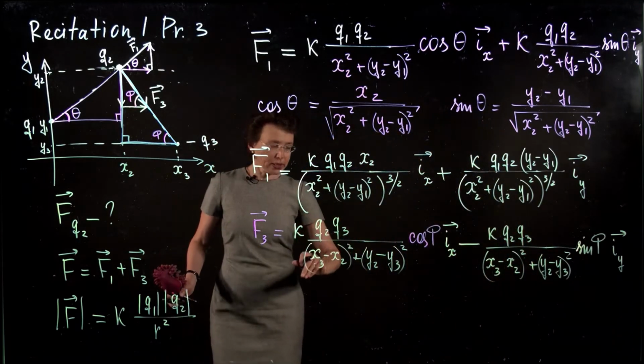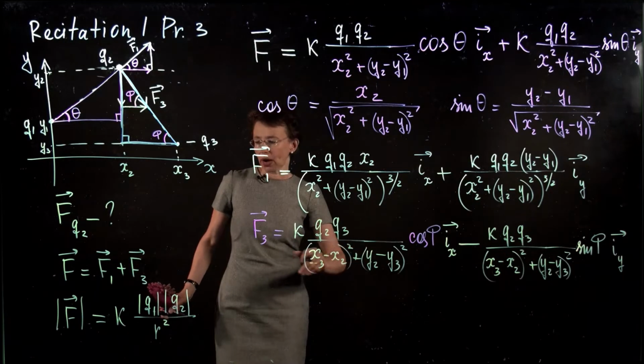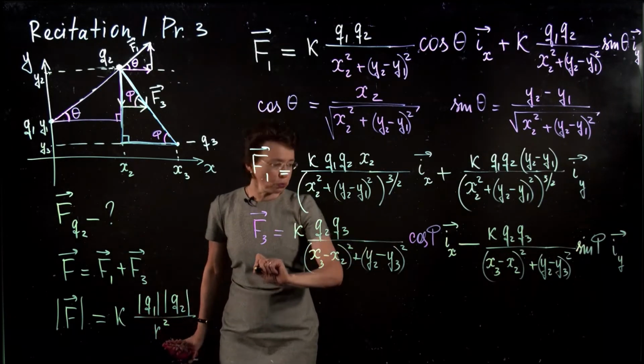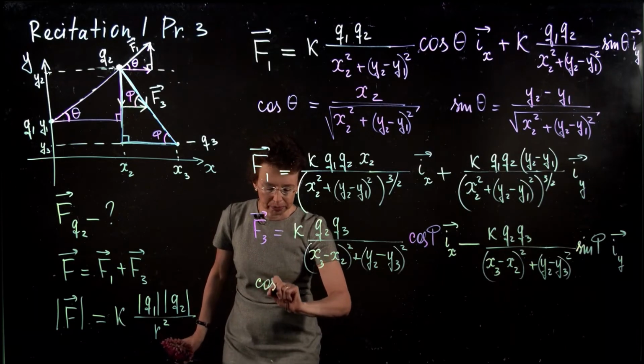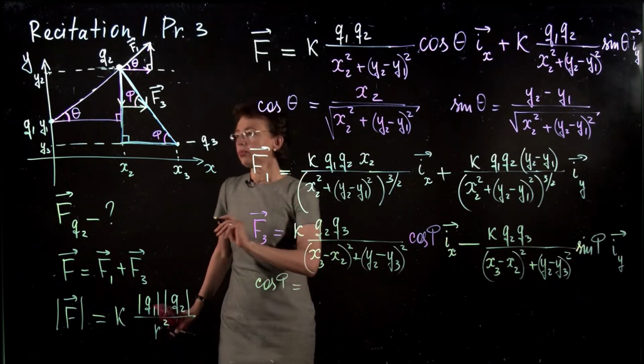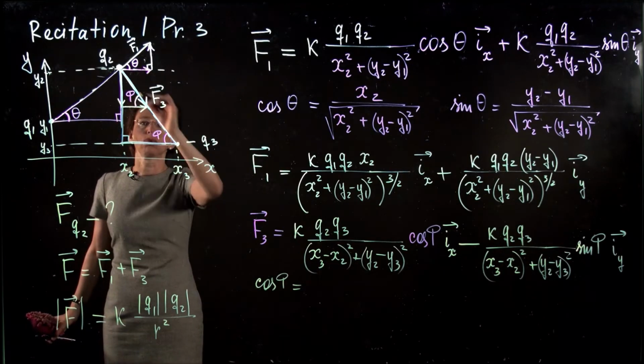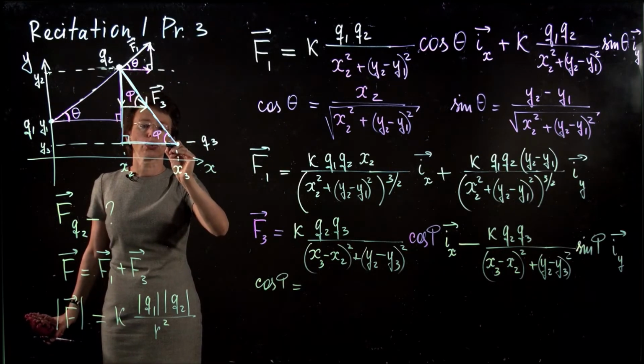So what is cosine phi and what is sine phi? We need to express sine phi and cosine phi in terms of what is given. Cosine phi, I will use this blue right triangle to find cosine phi.